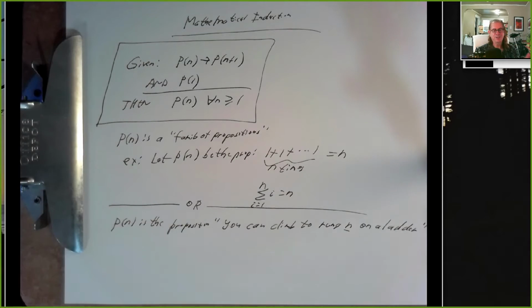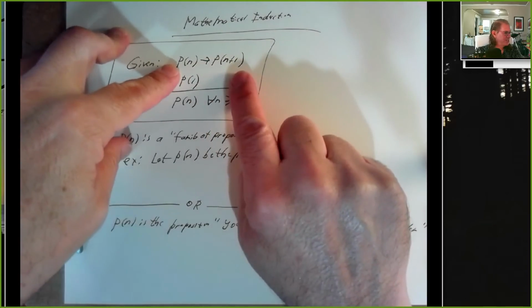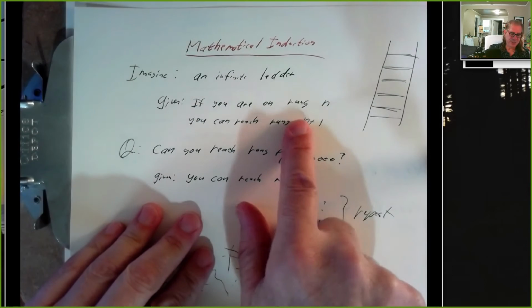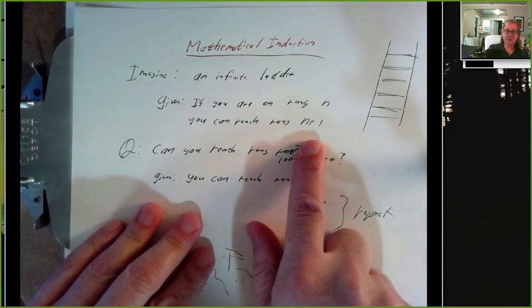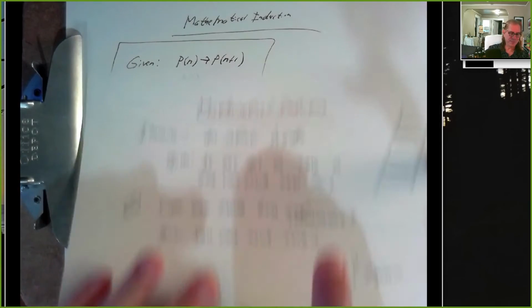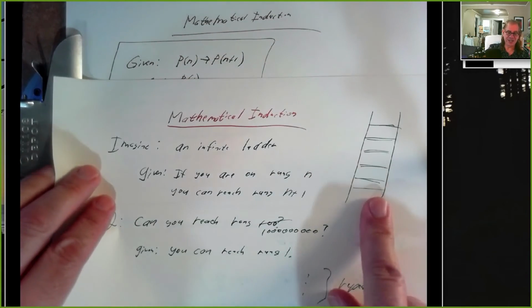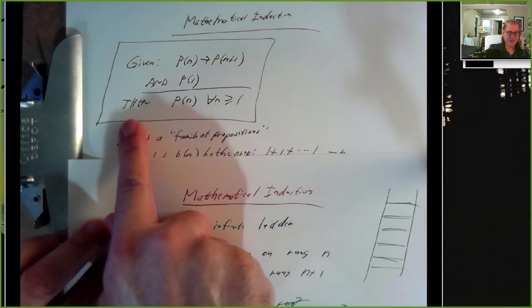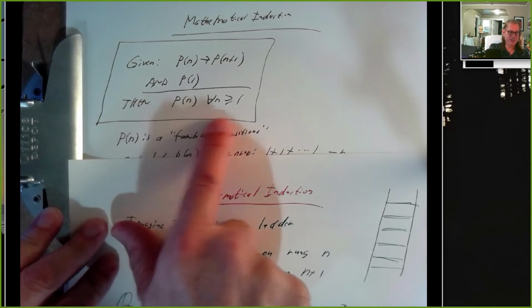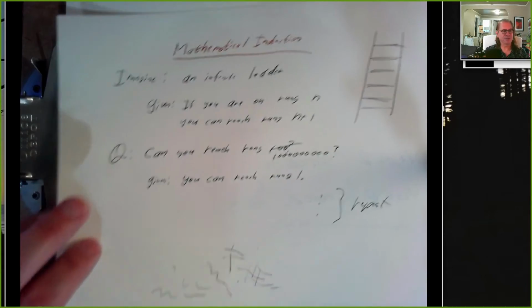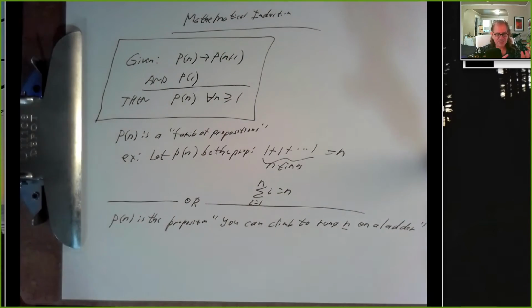What mathematical induction tells us is that if we know that P(n) implies P(n+1), in other words, if knowing that you can get to rung n means you can get to rung n+1, and also we know that P(1) is true, in this case you can get to the first rung, then we can absolutely conclude P(n) is true for all n bigger than or equal to 1. In other words, you can reach the nth rung of the ladder for any positive integer n. That's mathematical induction.